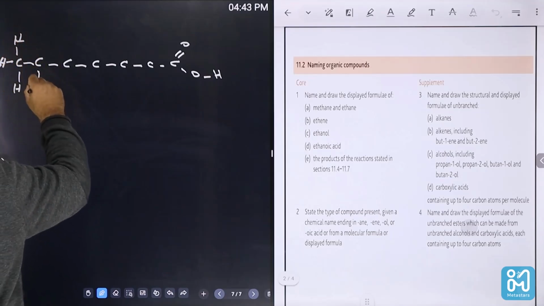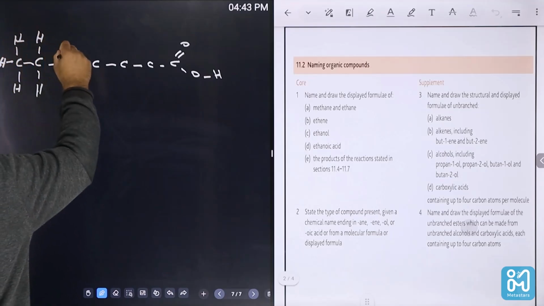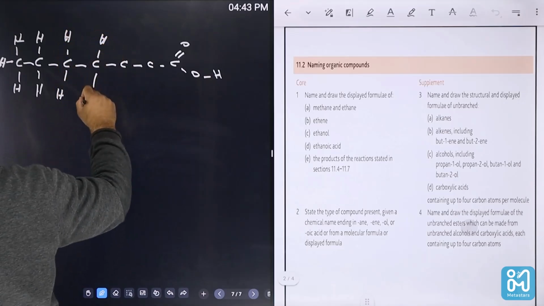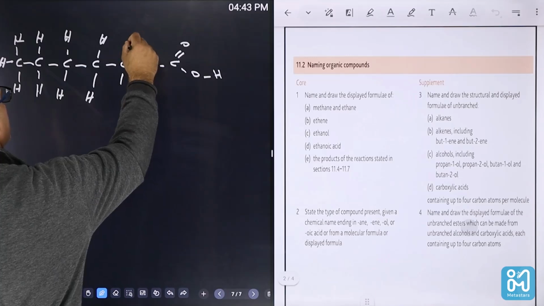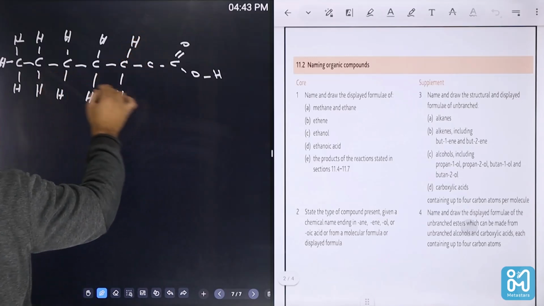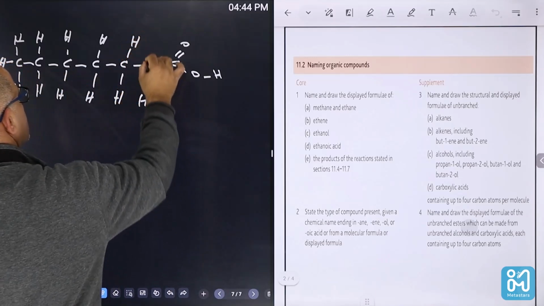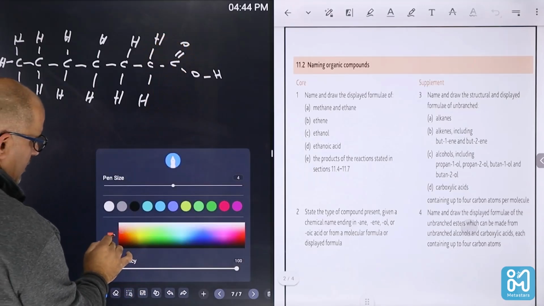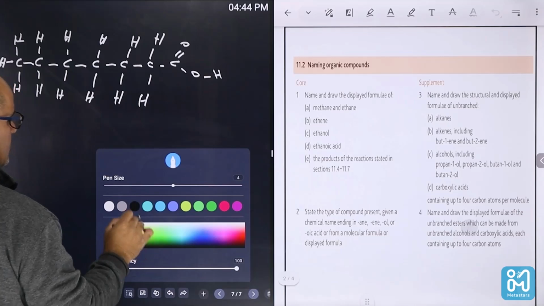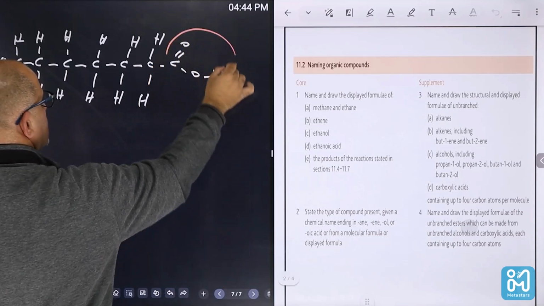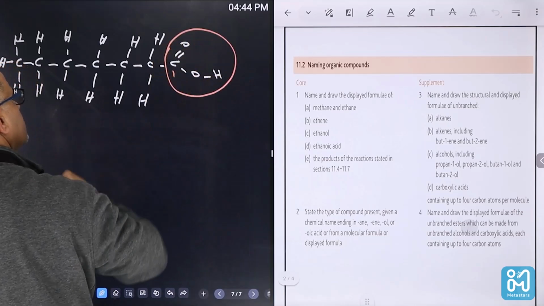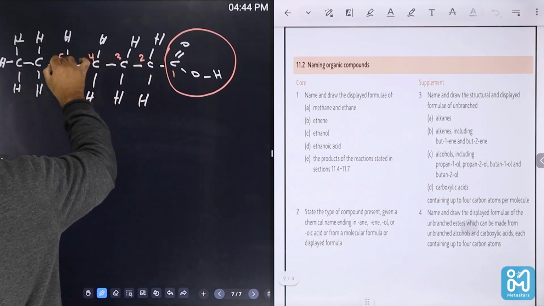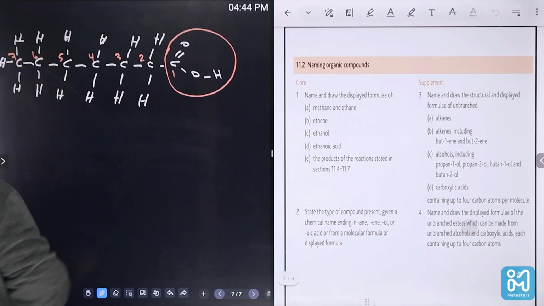This structure contains 1, 2, 3, 4, 5, and here we have 7 carbons. We start counting from this one, where the functional group takes the first, that's the second, the third, the fourth, the fifth, the sixth, the seventh one.